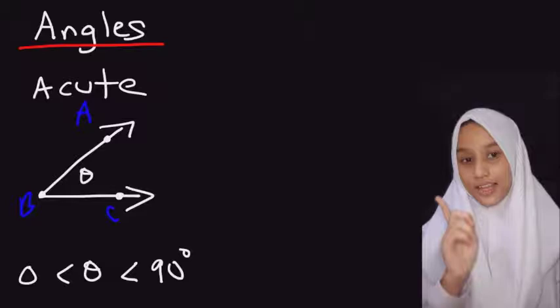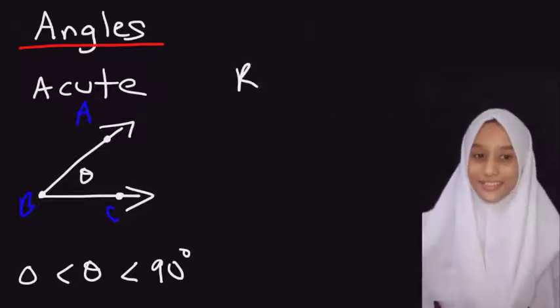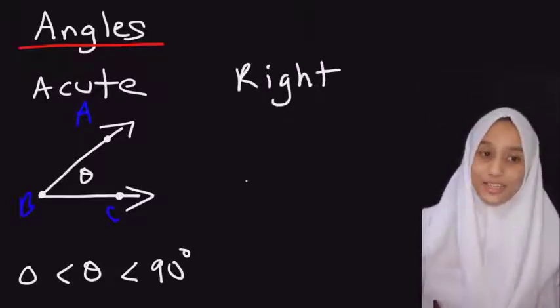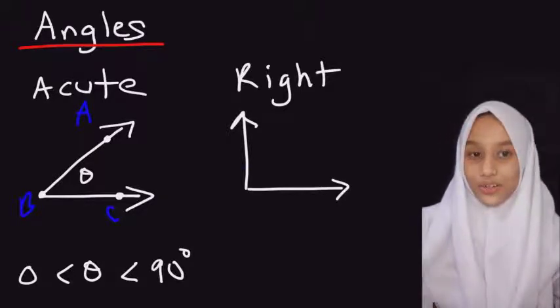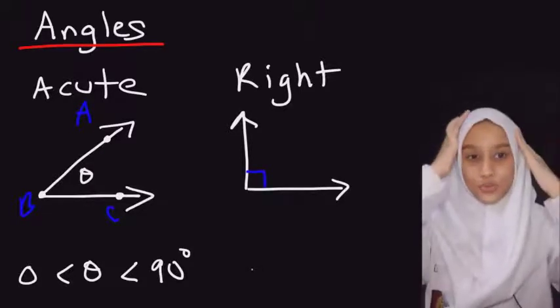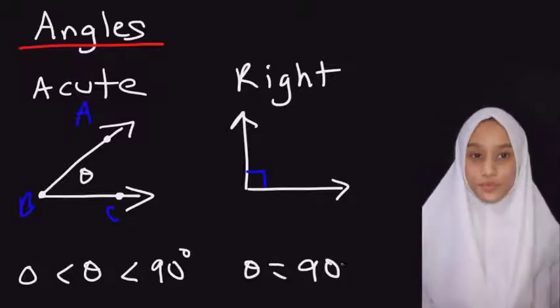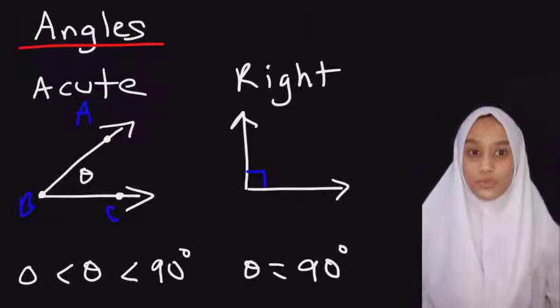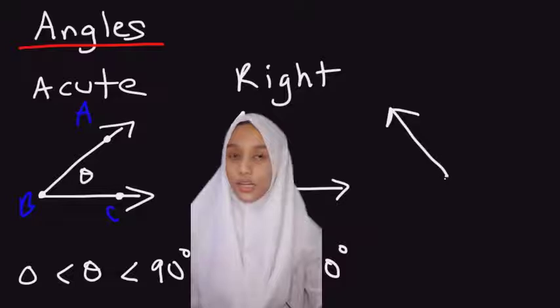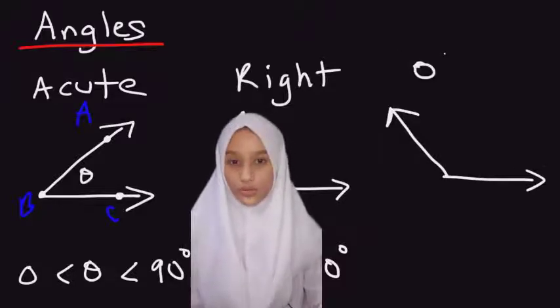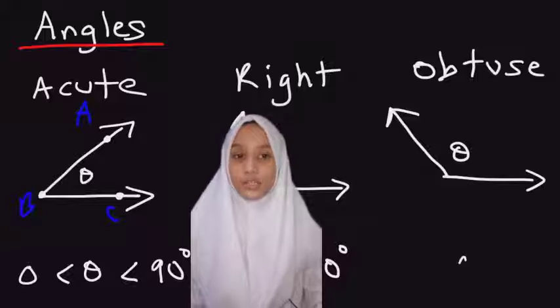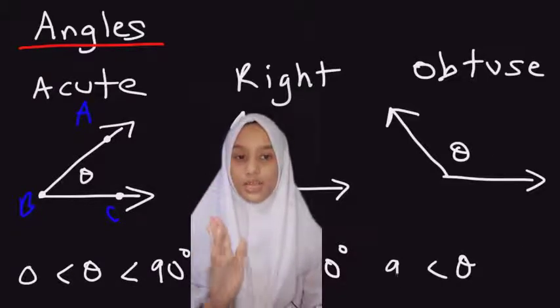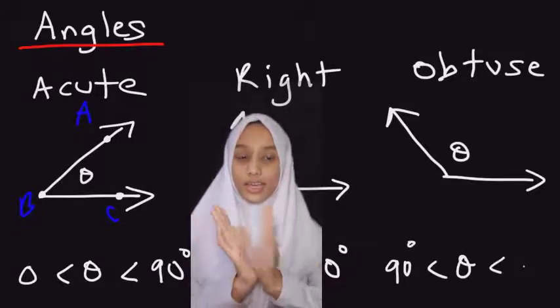The next angle is the right angle, and the right angle has an angle measure of 90 degrees. The next one you need to be familiar with is called an obtuse angle. The obtuse angle has a measure greater than 90 but less than 180.